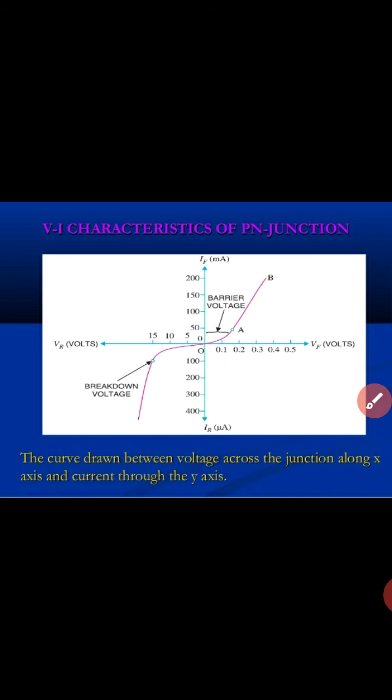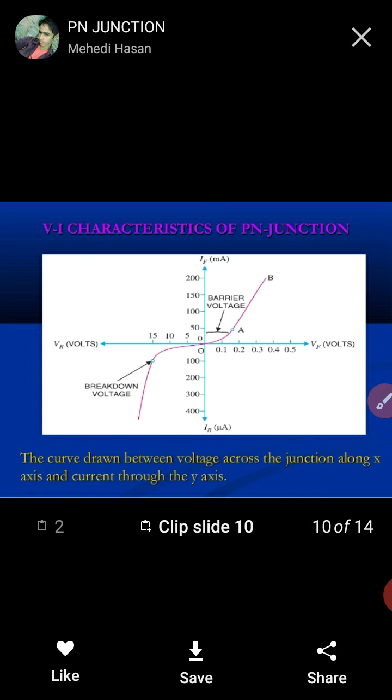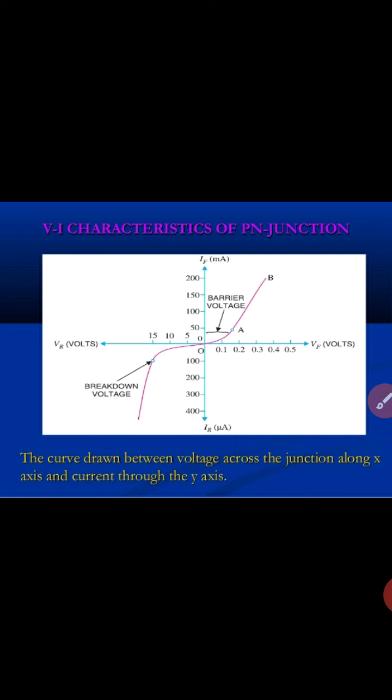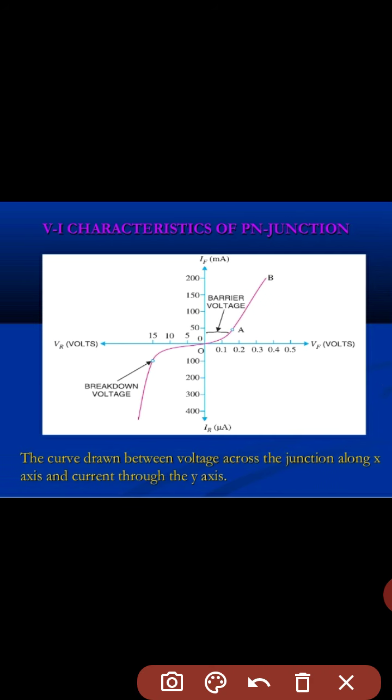Now in the reverse bias mode, what happens? When the diode is reverse biased, the width of the depletion region increases, as we have just discussed. So the current flows due to minority charge carriers, and this current is very small, of the order of microamperes for a germanium diode and nanoamperes for a silicon diode.